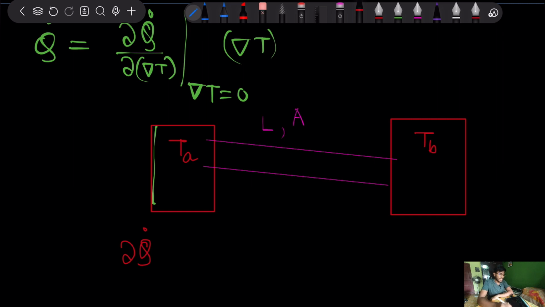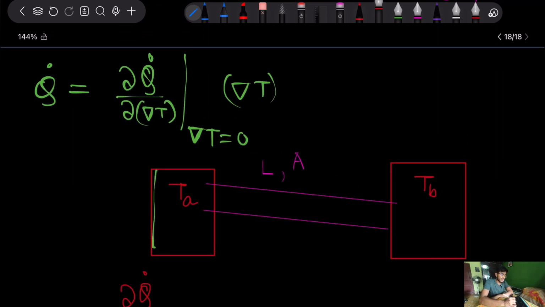So now in this experiment, instead of this grad T, you directly put Ta minus Tb.